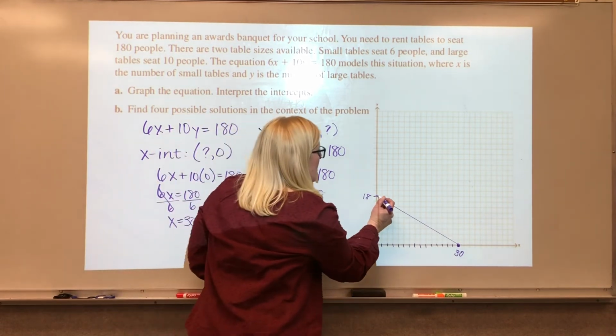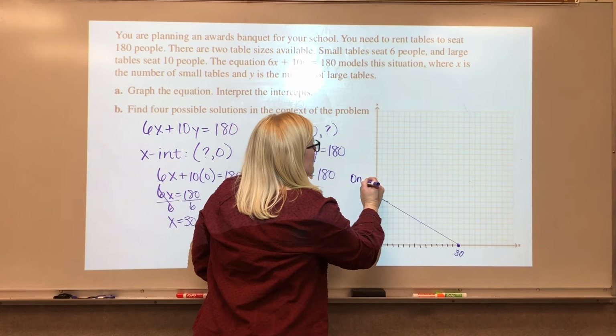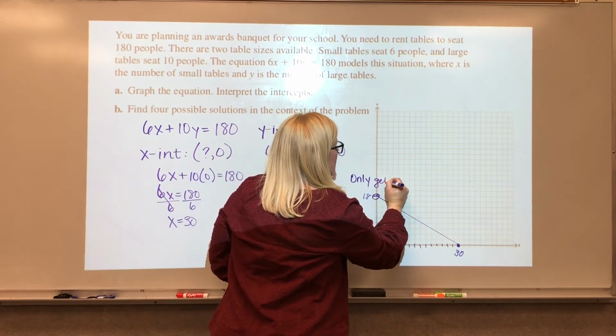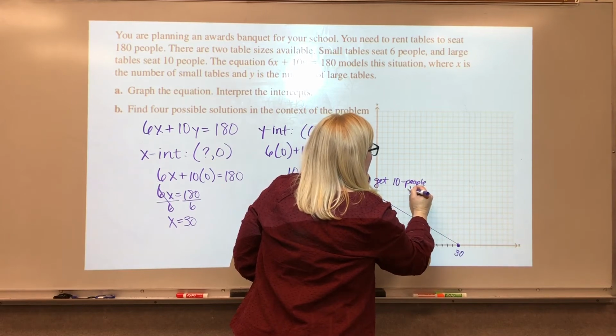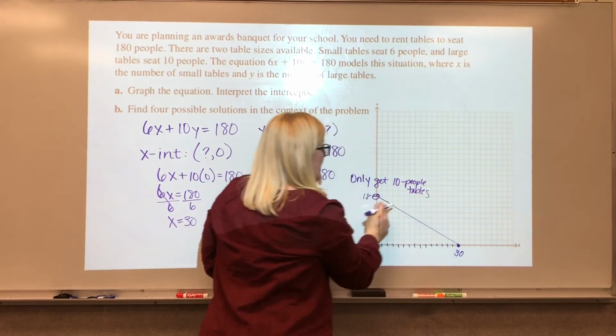So this right here is if we only get 10-person tables. We would need 18 of them.